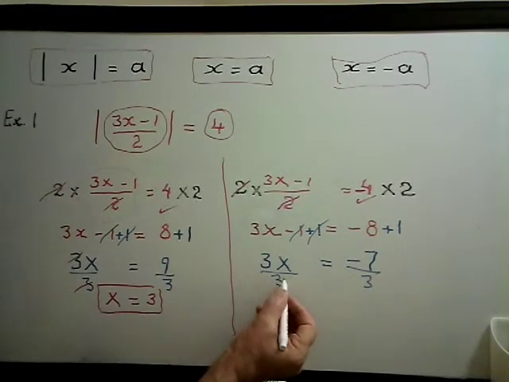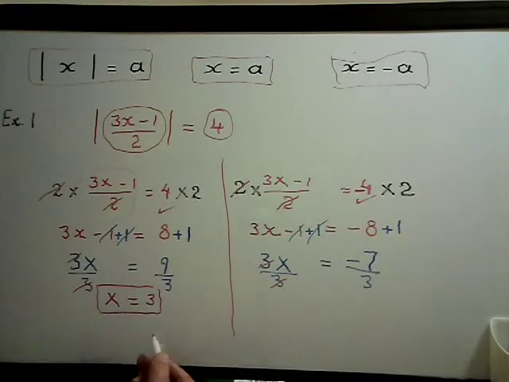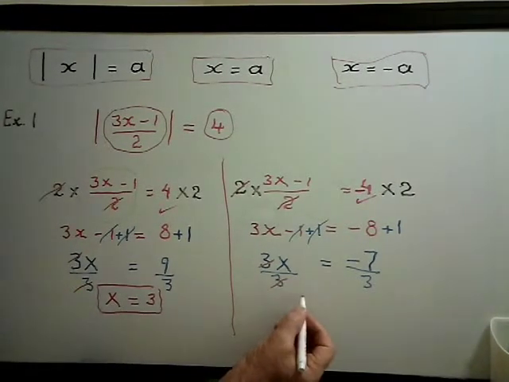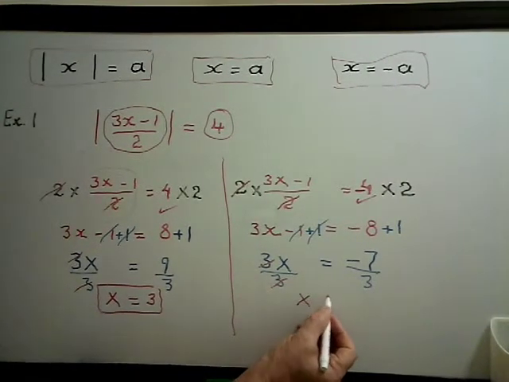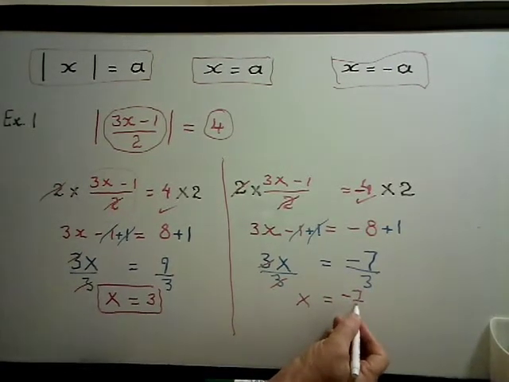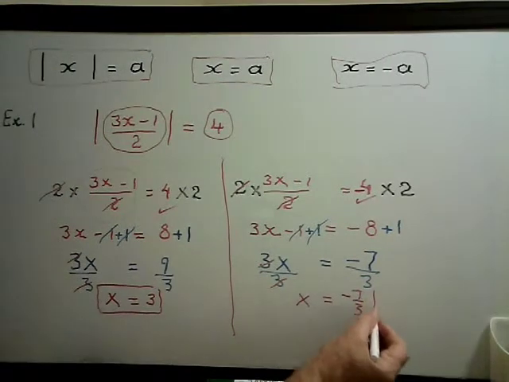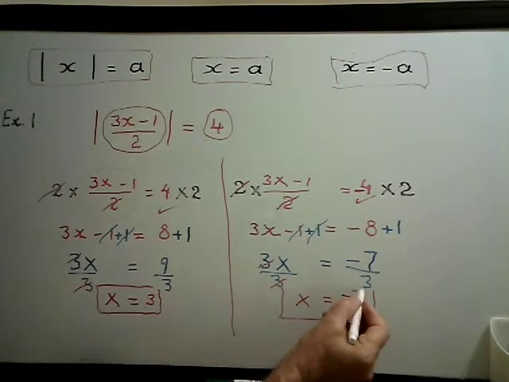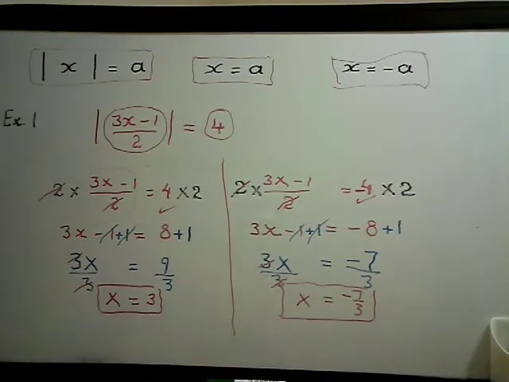And here the same cancellation. Still we have x is equal to minus 7 over 3. That's the second value of x we have.